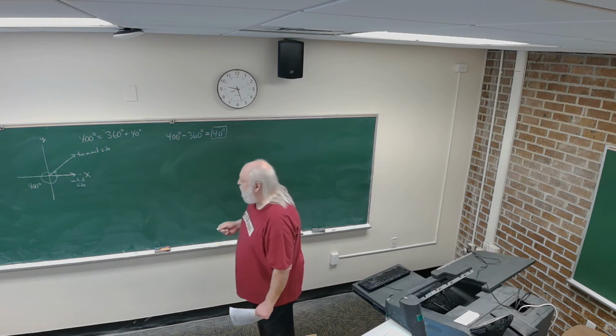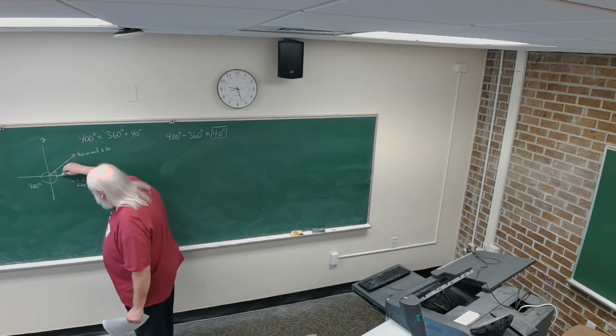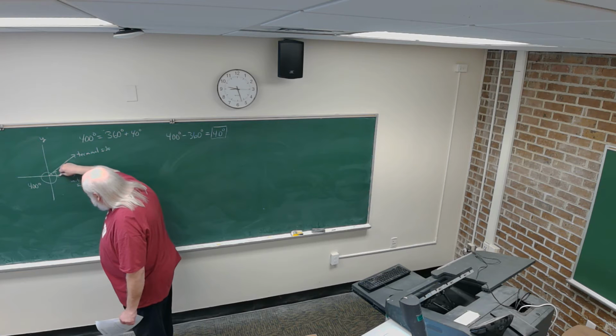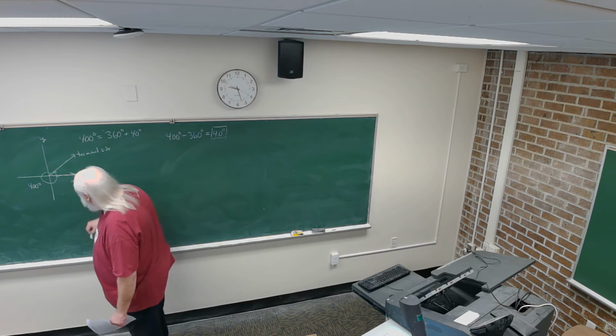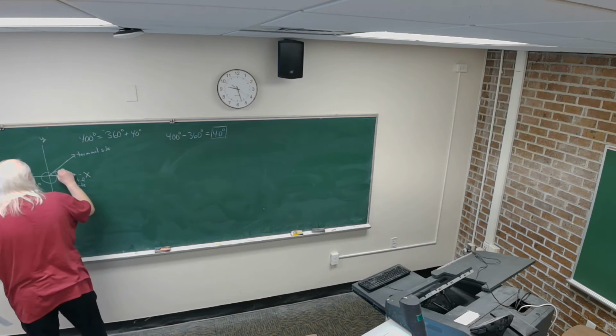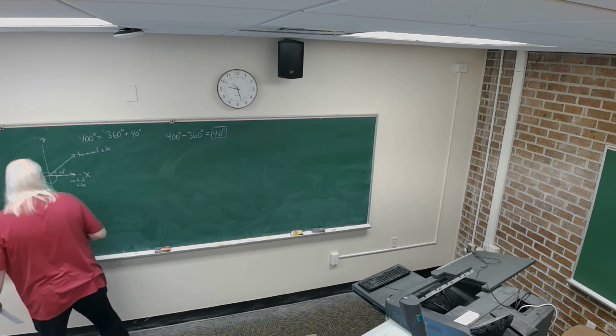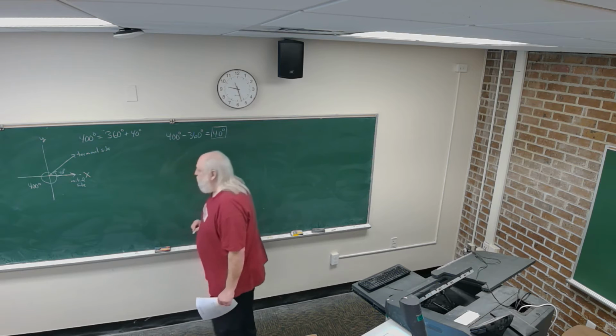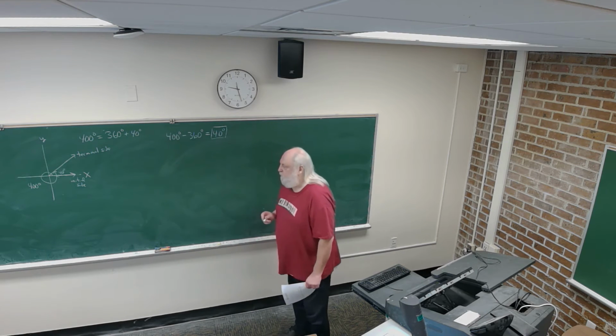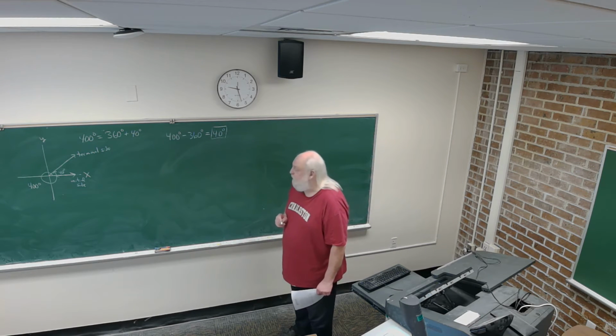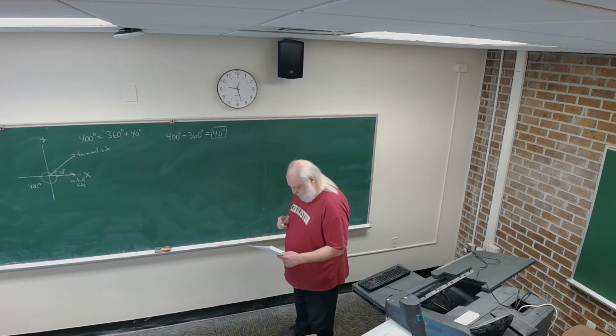So the angle 40 degrees is just the rotation from the positive x-axis to the terminal side, this little bit right here. 40 degrees and 400 degrees share the same terminal side, so they're called coterminal angles. Okay.